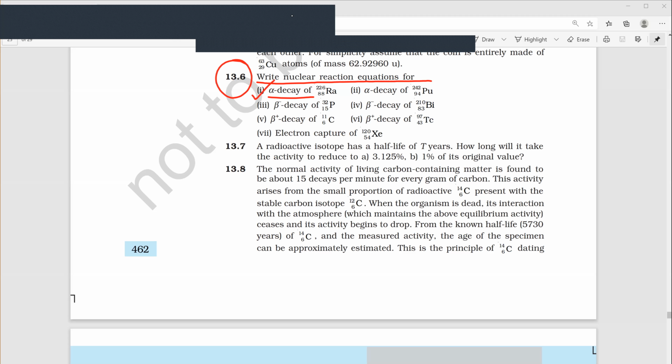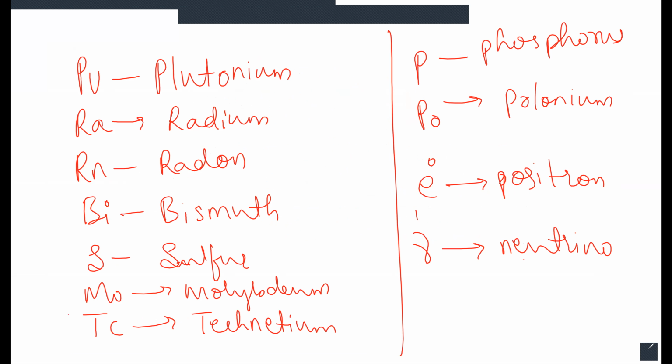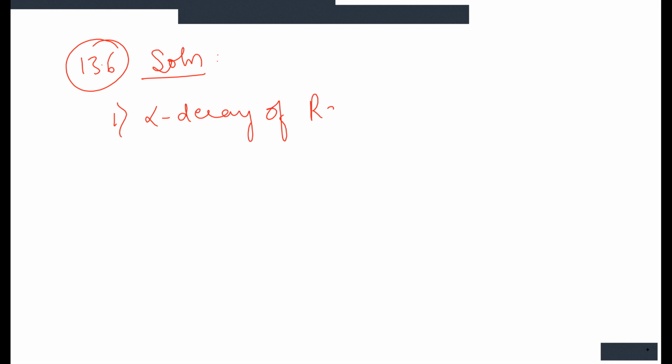First, let us see the alpha decay of radium. How to write this one? This is 13.6. Let us see how to write the nuclear reaction. The first one is alpha decay of radium 226.